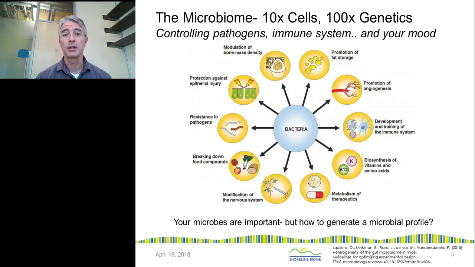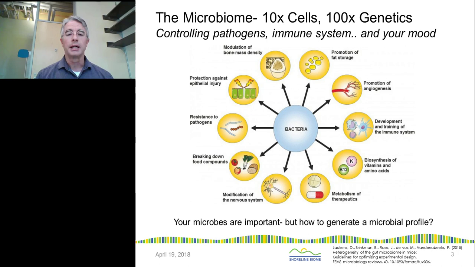And in fact, a lot of the work that's been coming out in the past few years has shown that microbes, we always knew they influence digestion and health that way, but really regulating the immune system, participating in the training of the immune system during development, and resistance to pathogens, and they inhabit all the spaces on your body and protect you from invasion by unwanted organisms, and do everything from modulate your bone mass density to mental health.